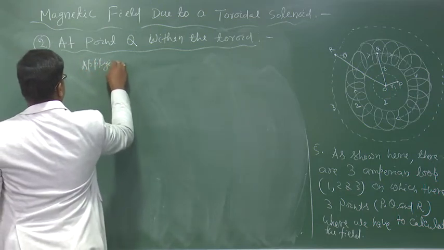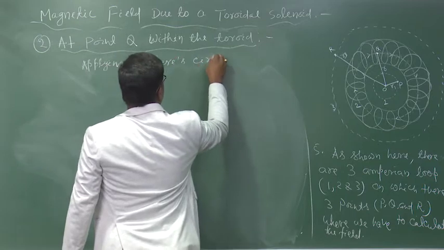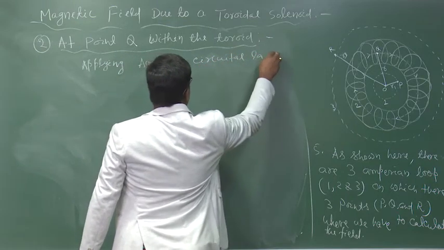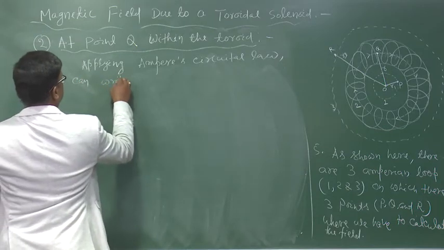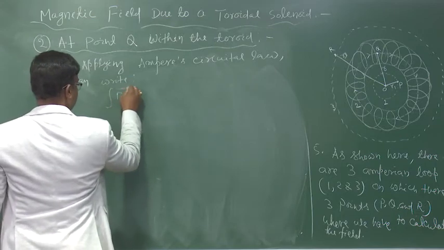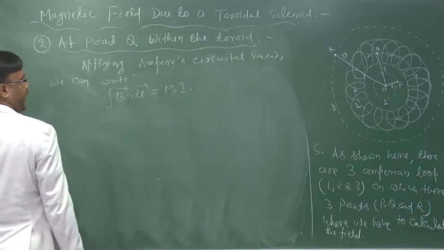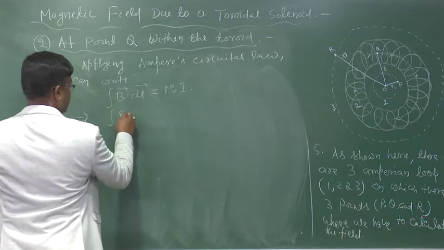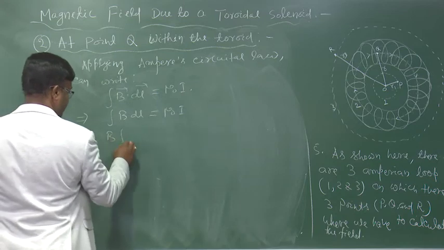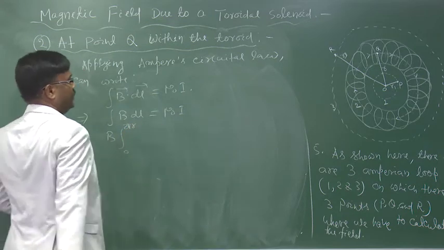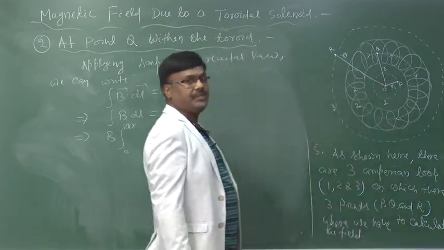The integral of B dot dl equals mu 0 I, which implies B times the integral from 0 to 2 pi r of dl equals mu 0 I, because we have taken the point Q to be at a distance of r from the center.